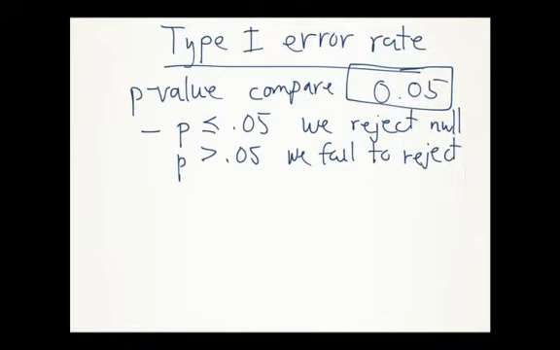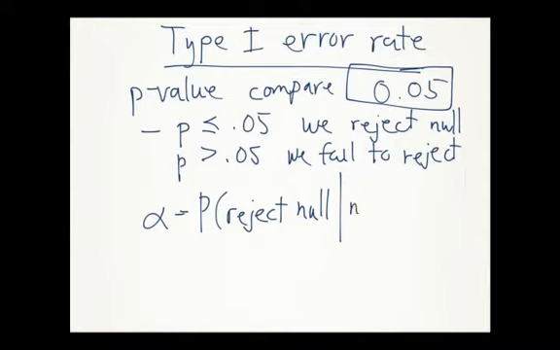So what is a type 1 error rate? Sometimes people call this alpha. Alpha, the type 1 error rate, is the probability that we reject the null given, remember that vertical line in probability notation means given, it's a conditional probability, something we learned in the third lecture, I believe. So the type 1 error rate, or alpha, is the probability that we reject the null given that the null is true.